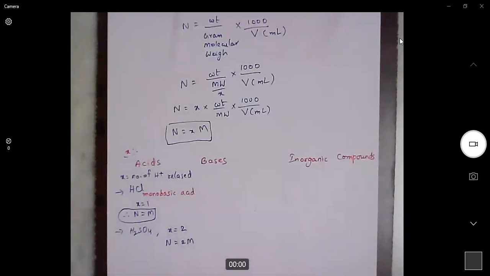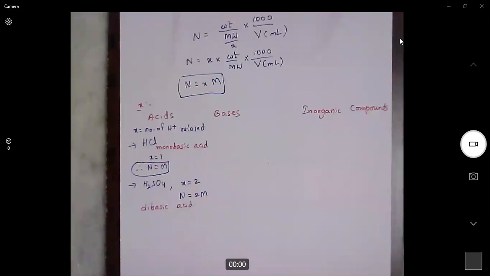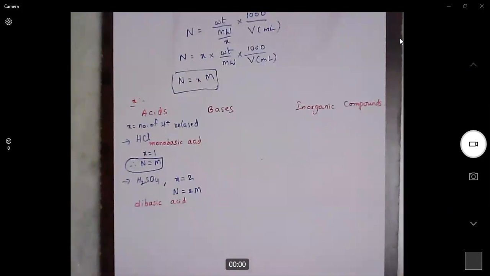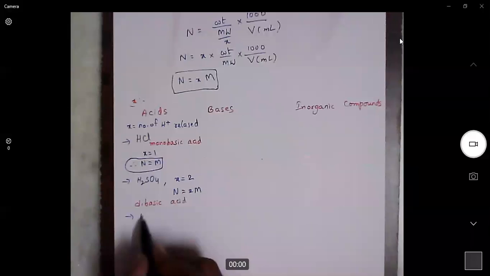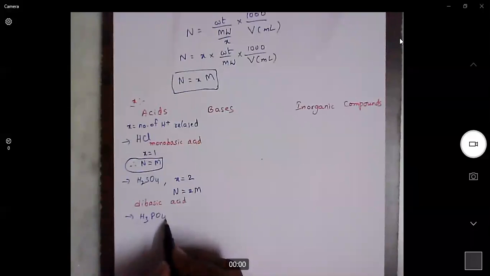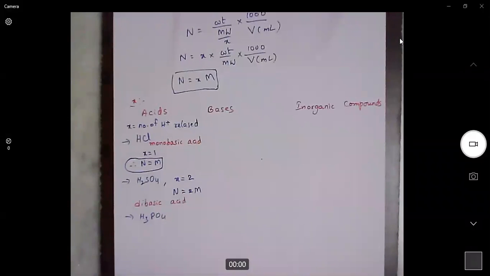Since it releases 2 H plus when dissolved in water, it is called a dibasic acid. You try to write everything for H3PO4.